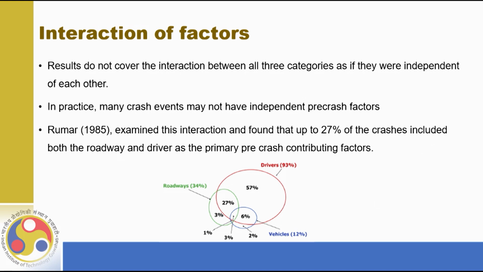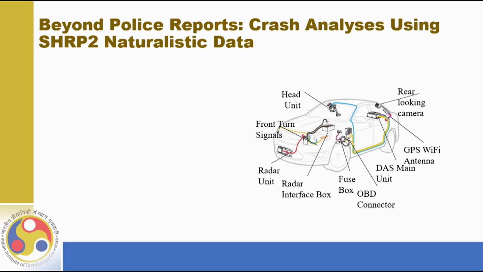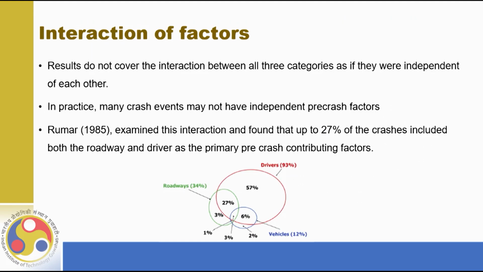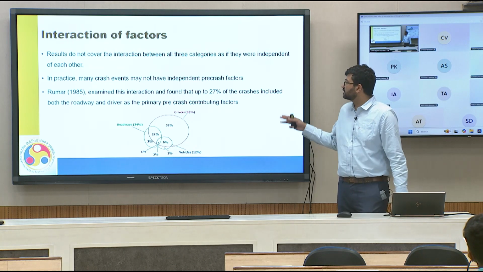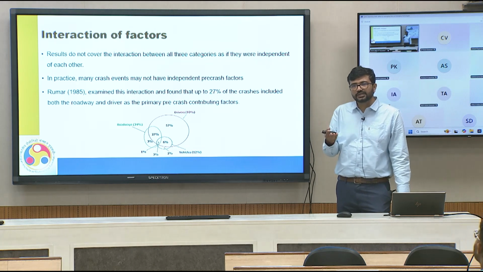For that, I think the professor is going to add emerging technologies later, but I will add some part of this in this lecture. One way we can calculate this is if we include a lot of sensors in the vehicle, and the same thing is happening with new generation vehicles.